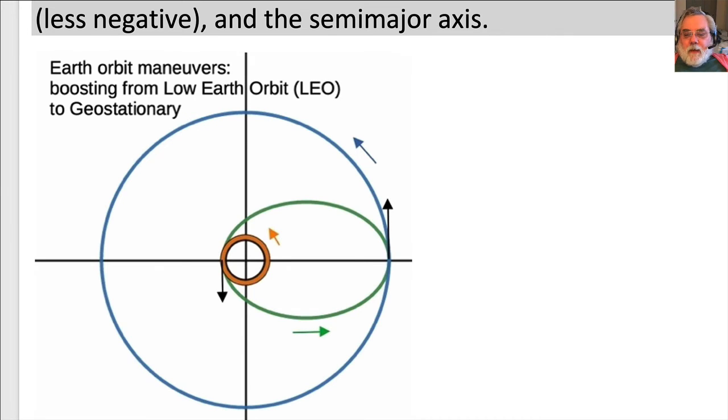Let's look at a simplified example, boosting from low Earth orbit, the orange circle, to geostationary orbit, the blue circle.